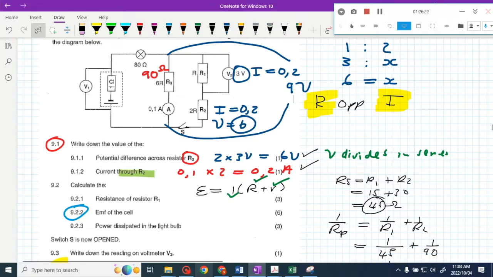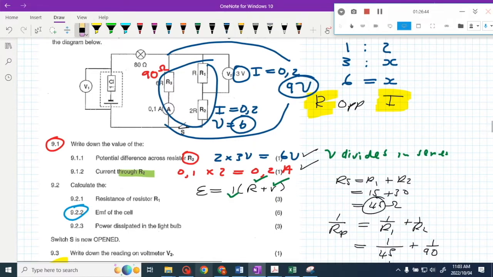What method did you guys use? If you used a method to calculate the total current. Well, I said 0,1 plus 0,2. Yeah. You can also do this the way that I did. So using this 9 volt and the total resistance in parallel, you can also calculate the total current.